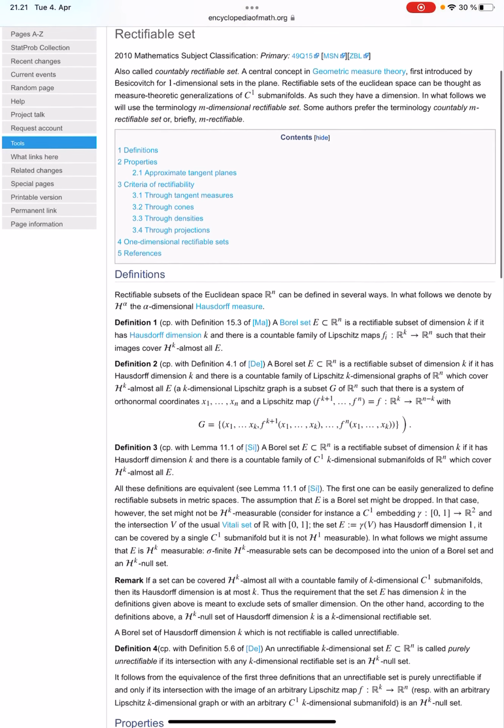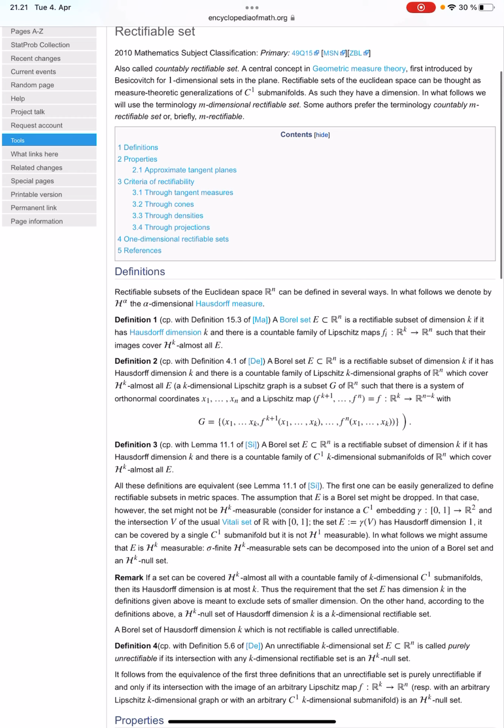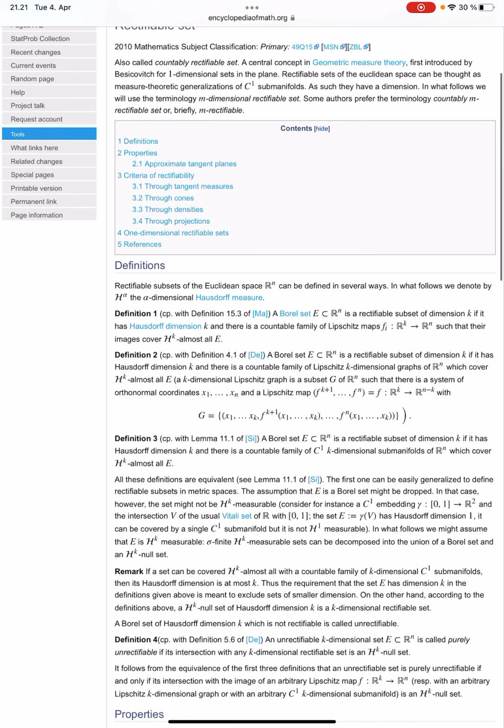So in that sense, rectifiable sets are more or less just countable union of C1 manifolds. For example, the boundary of a square is a one rectifiable set. If you remove the corners, which has one-dimensional measure 0 anyway, the rest is union of C1 one-dimensional manifolds.